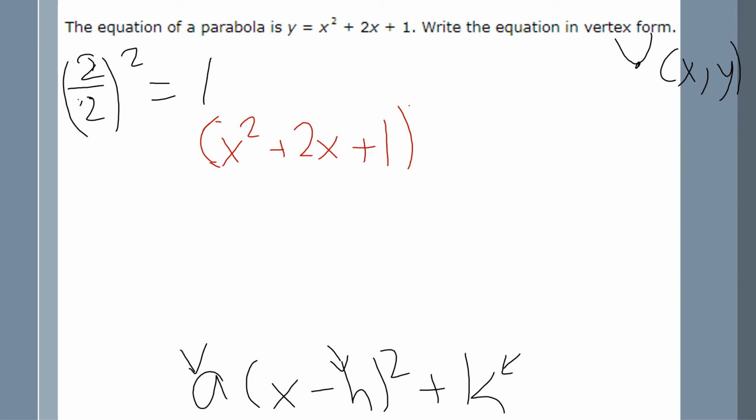I didn't put a square there. I just chose to write it a bit differently here. Plus 1 minus 1.